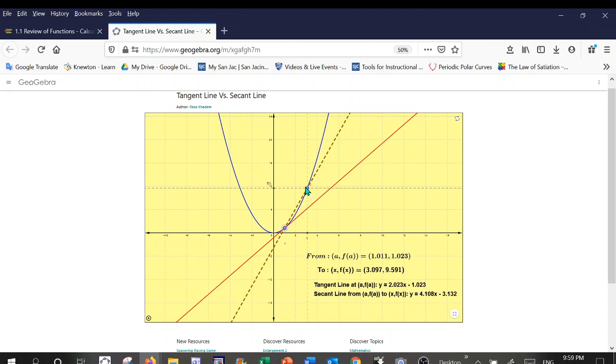And the other point, I can take to any point on the graph and then draw the secant line. Notice the slope of the secant line is right there. And this one is the slope of this red line, which is called the tangent line.